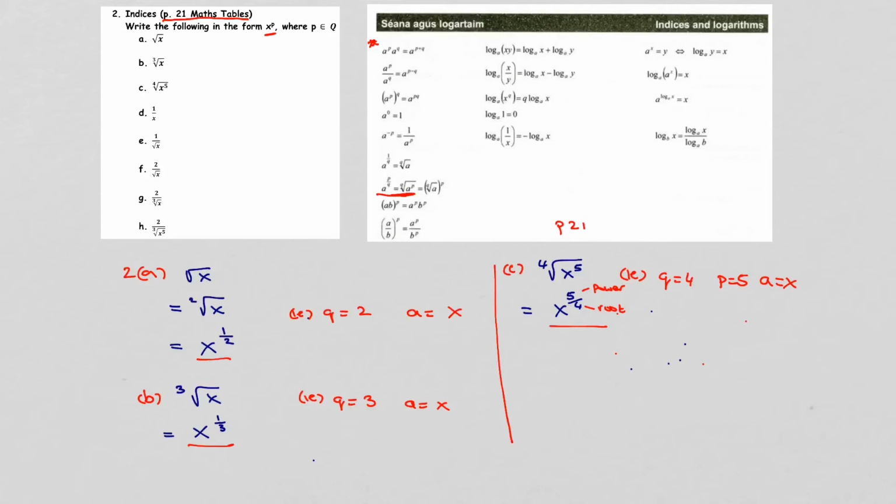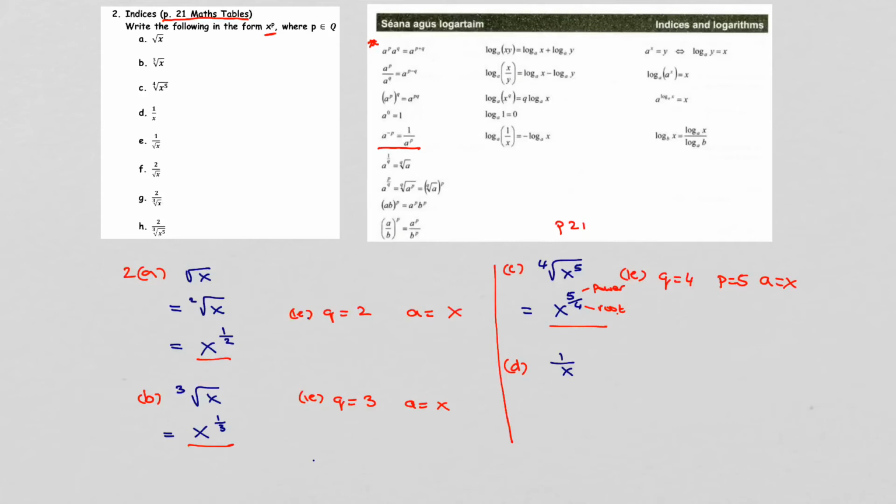Okay, so if we look at d, it is 1 over x. Again, this is one we tend to always know off by heart. So 1 over x, how can that be written as x to a power? Again, if I look at my tables, page 21, and let me just erase that last rule we were looking at, this is 1 over a to a power.